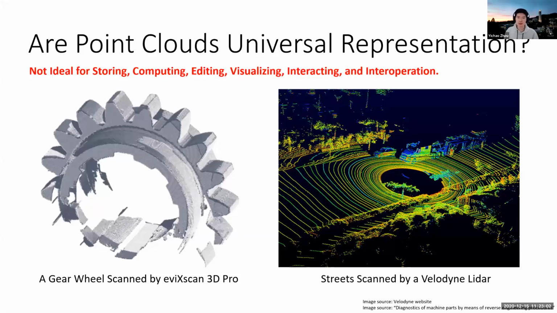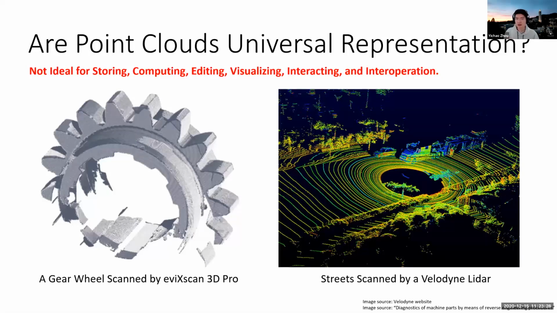The problem we are trying to solve is the data representation. Let's talk about the traditional data representation we use for 3D reconstruction. Obviously, point cloud, right? The problem with point clouds is that they are often not ideal for storing, sharing, and interacting. To give an example, the left figure is a gear wheel scanned by a professional 3D scanner.